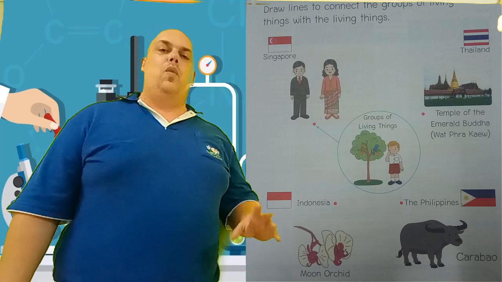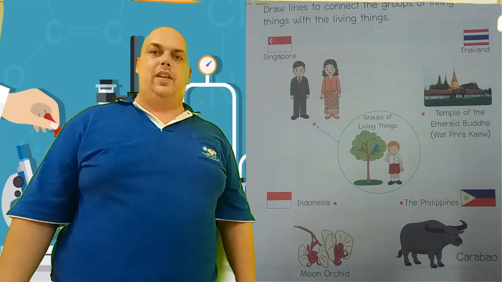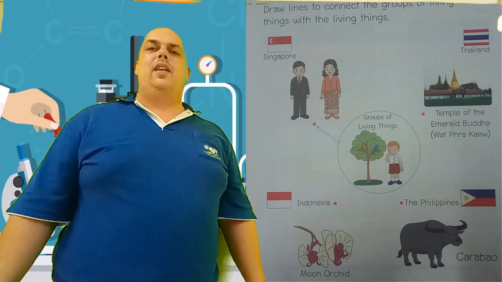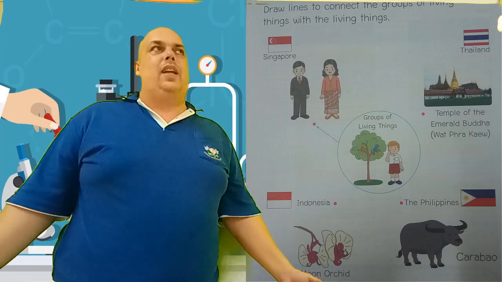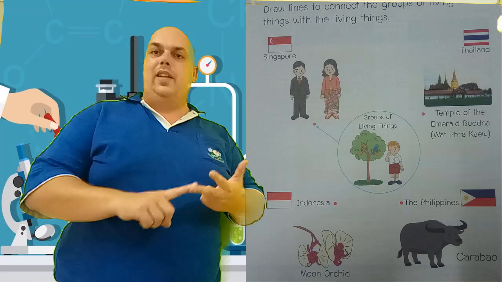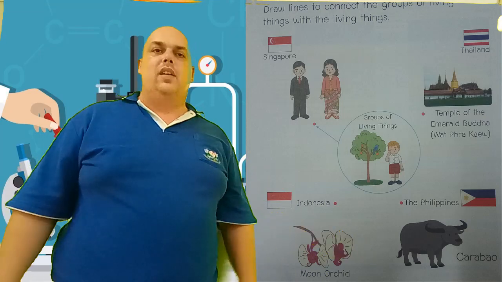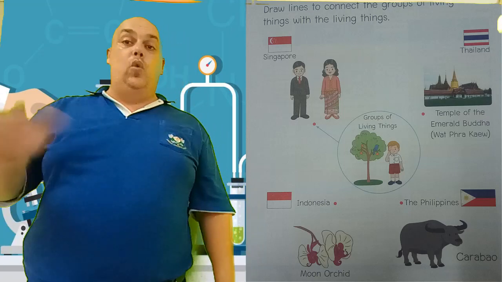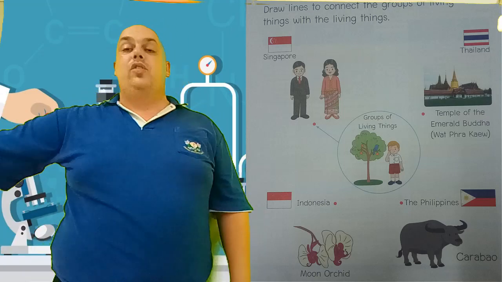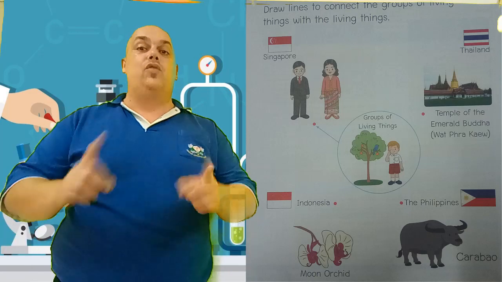Is Wat Pa Keo a living or non-living thing? Yes, it's a building. It cannot move. It cannot grow. It doesn't have babies. So it's not a living thing. So for this one, we don't draw a line to the big circle in the middle. So don't draw a line.